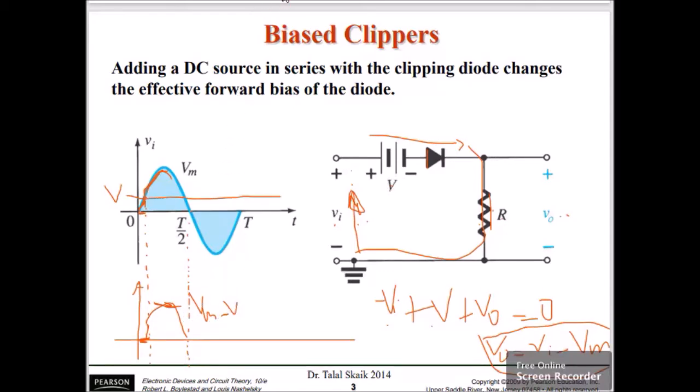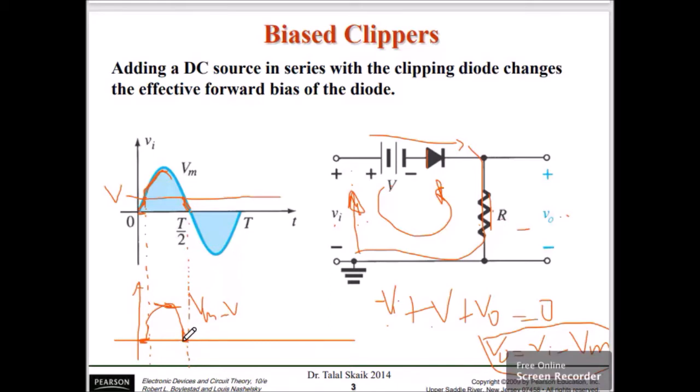Okay po? But pagdating naman dito sa point na to, di ba after nito, yung current naman natin ay magiging kontra na sa ating bias voltage. Eh, di ba ganito na naman yung flow? So, open na naman siya. So, wala na namang voltage. So, pagdating dito, off na naman yung ating output.